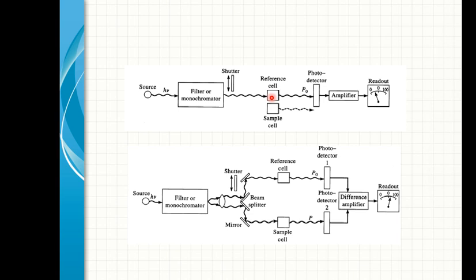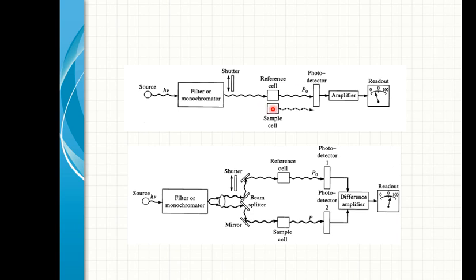Firstly, we have a reference sample and a sample cell. When we measure the reference sample, this is the standard material. We know its concentration. Firstly, we have to prepare a standard solution of concentration similar to the theoretical concentration of the sample.